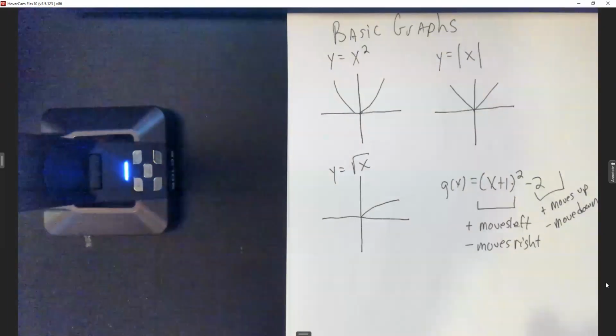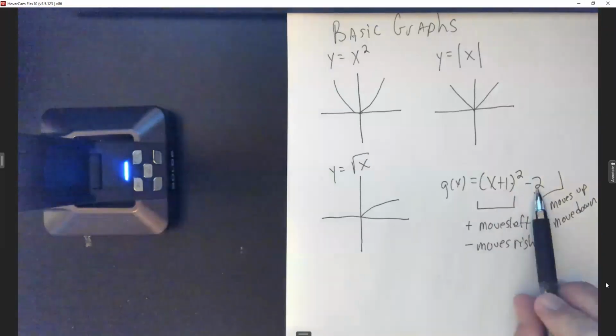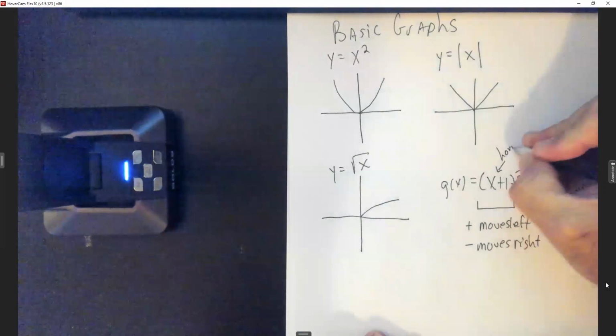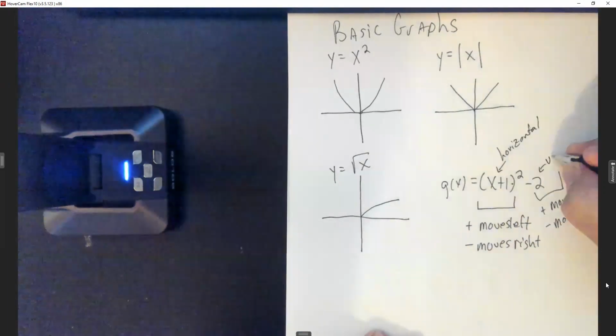Okay, so just mark this down. If it's positive, you're moving left, negative moving right, then at the end, positive would move up, negative would move down. So this right here was your horizontal, and at the end does the vertical.